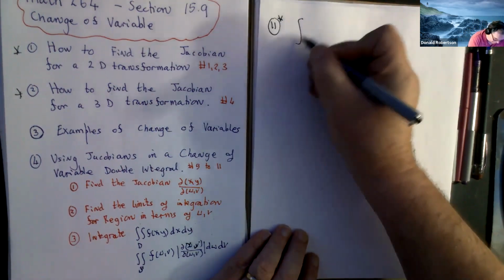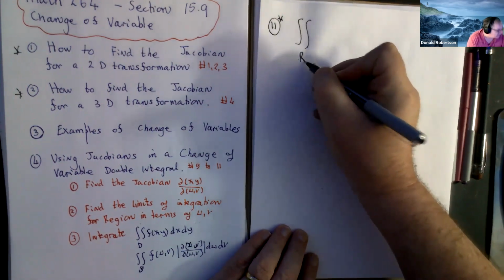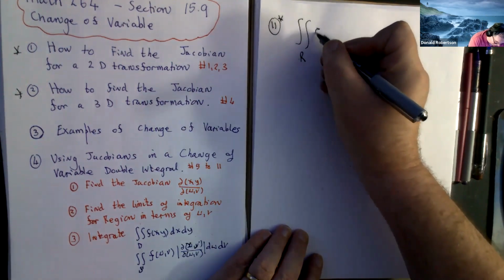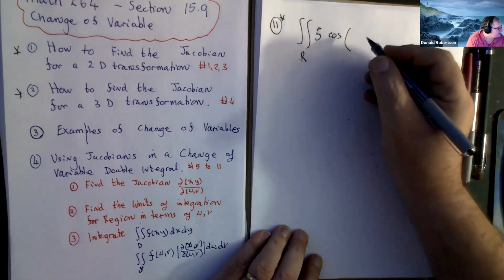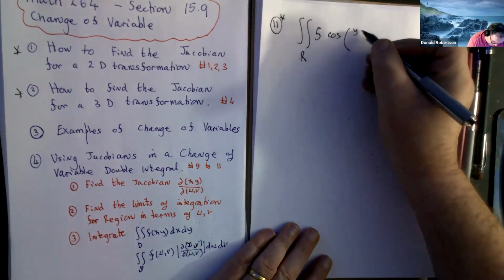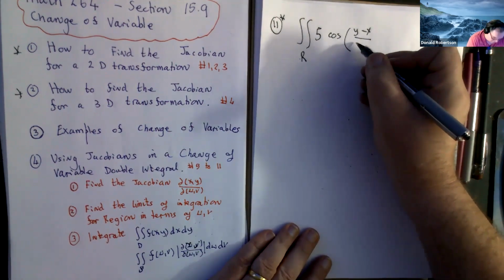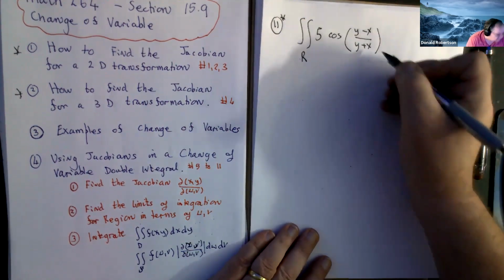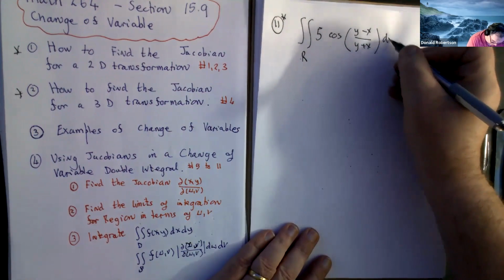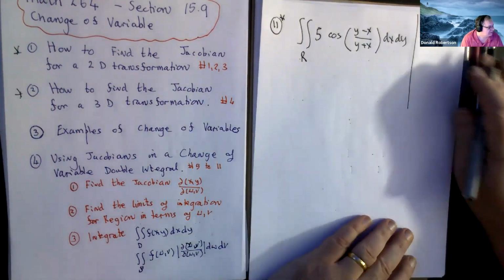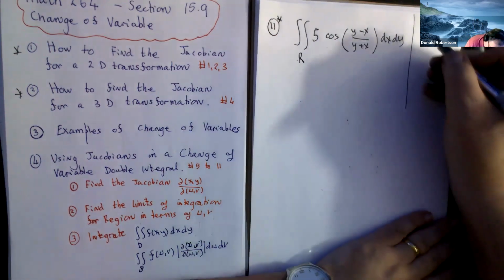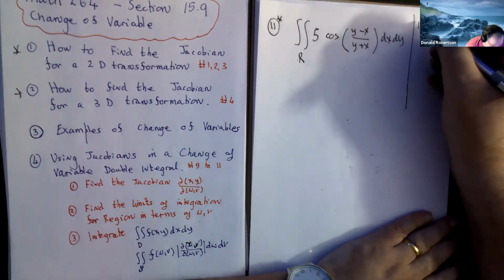We're going to do a double integral over a region R of 5 times the cosine of y take away x over y plus x dx dy. And the region R is a trapezoid. Oh, it's a little bit different.